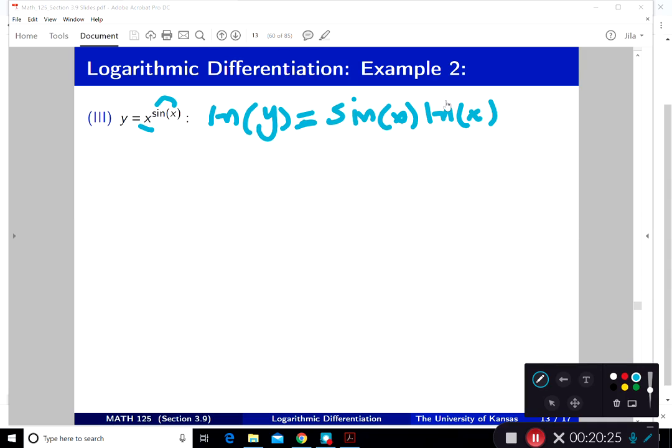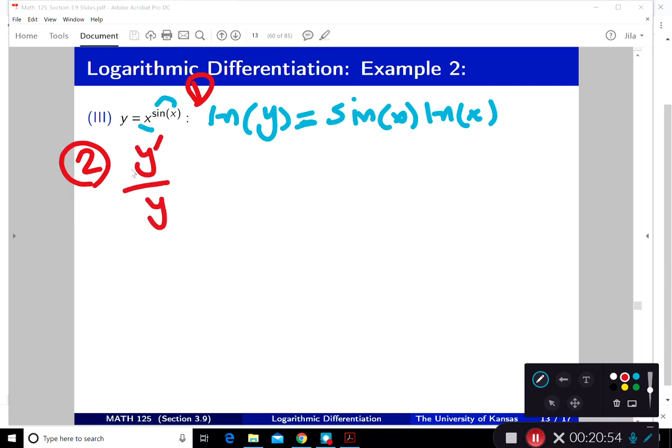Take the natural log of the right side, and the exponent comes down and it becomes a natural log of the base. So that was the first step. The second step is to take the derivative. Again, the left-hand side becomes y prime divided by y.